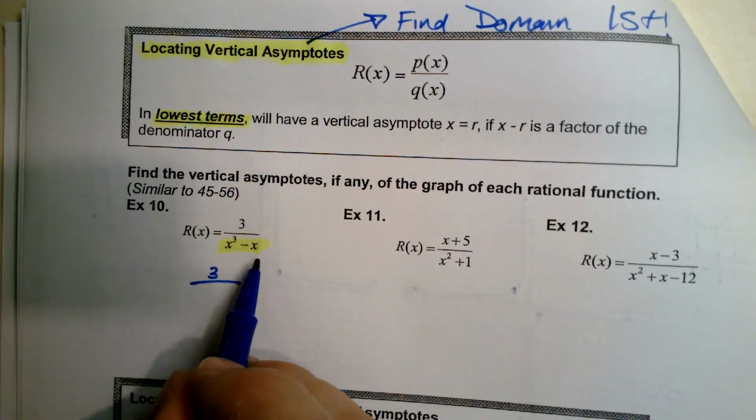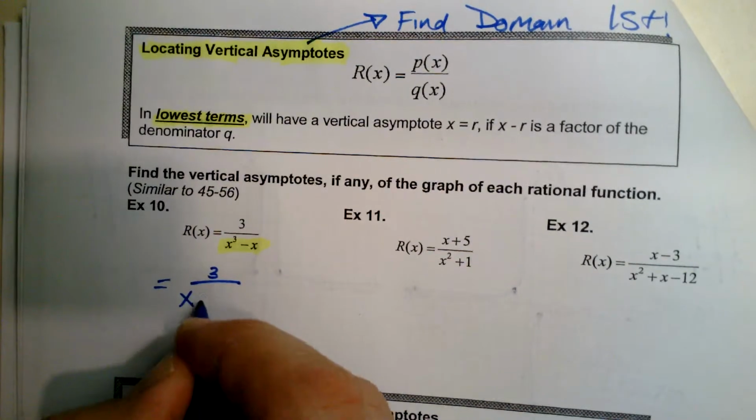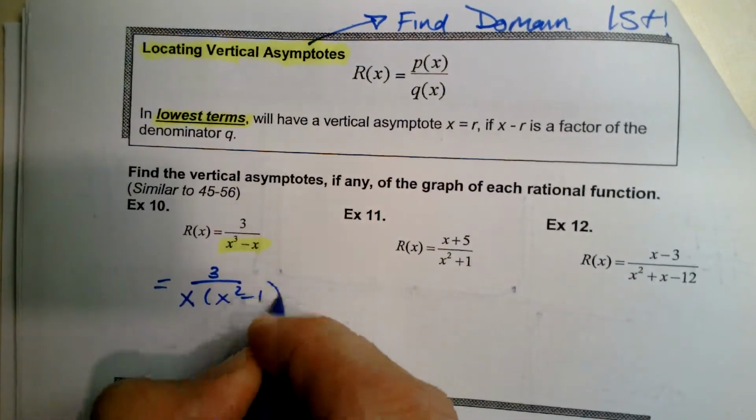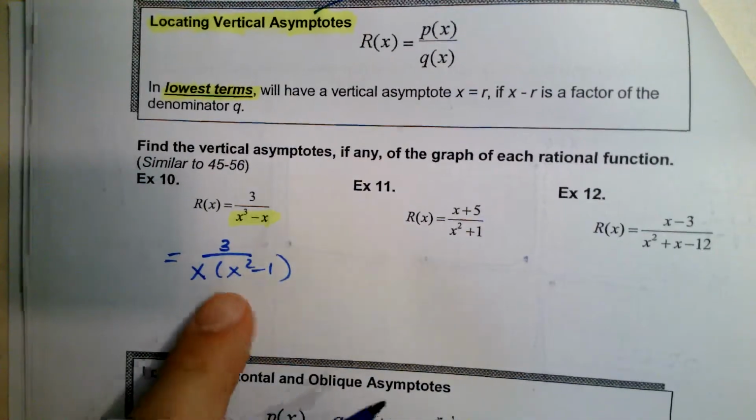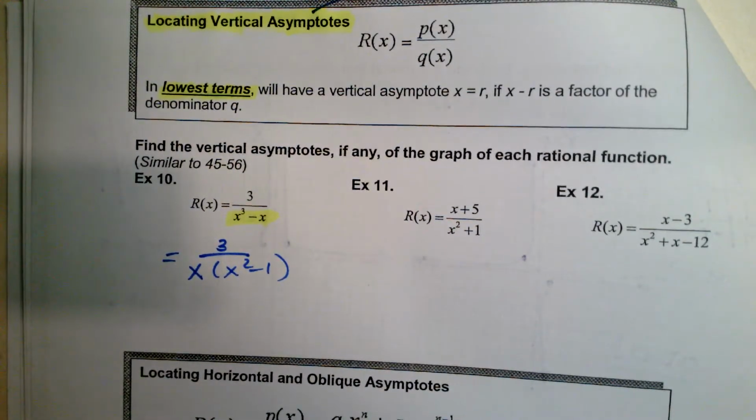Factor. First rule of factoring, we can take out that GCF. And then how do you factor x squared minus 1, y'all? Lorelei, Lisa, Madeline, Duncan, Hayden, Chris, Madeline, what do you guys say? How do you factor x squared minus 1?